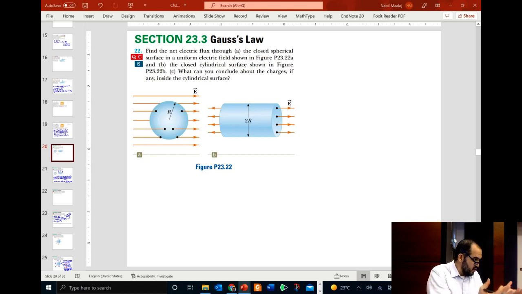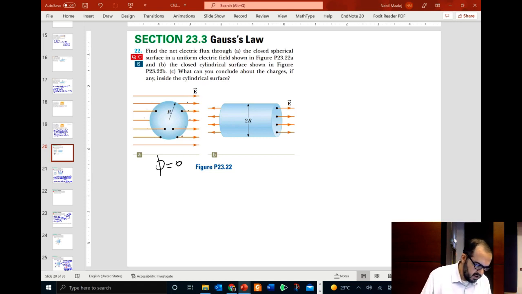Usually if you have a closed Gaussian surface in a uniform electric field, the flux is 0. You can count the number of electric field lines going in and out. The number of lines moving in is 1, 2, 3, 4, 5. The ones moving out, 1, 2, 3, 4, 5. Flux in and flux out cancel each other, so the total flux is 0 for the sphere.